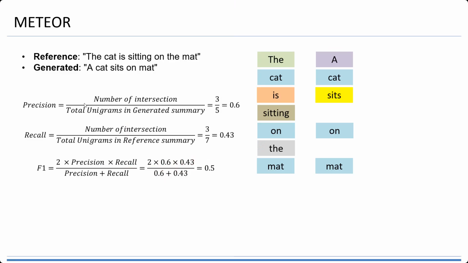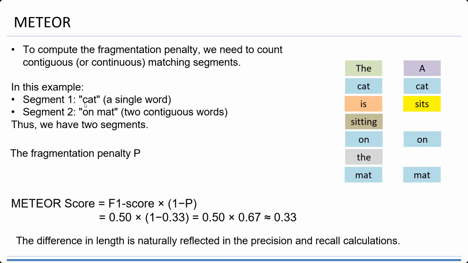In order to calculate the METEOR, we have a word penalty. The penalty means something that you can see if the words are not contiguous, or continuous.